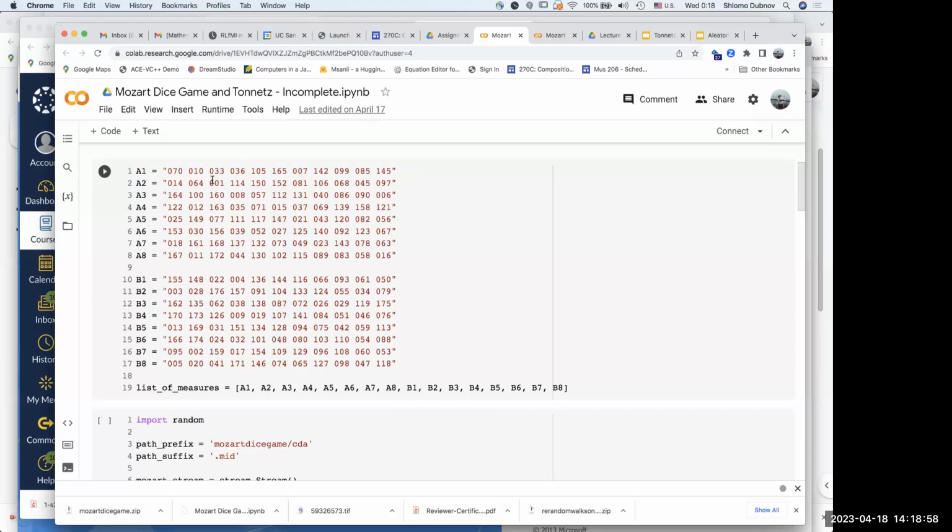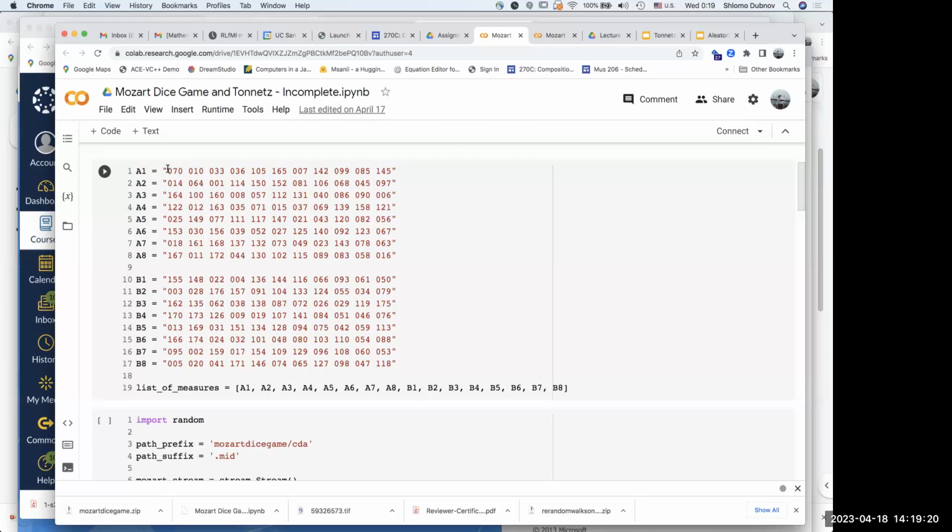So by random choice of one of these measures, you have here 1, 2, 3, 4, 5, 6, 7, 8, 9, 10, 11. Why 11 and why is it a dice game? Because if you throw 2 dice, you have numbers from 2 to 12. So you have basically 11 choices.